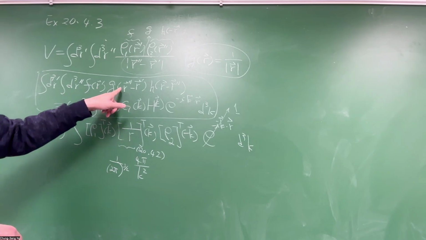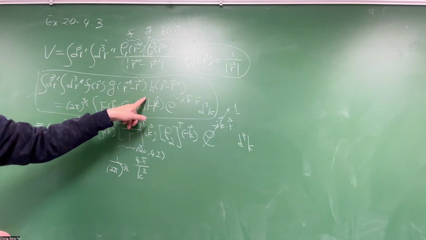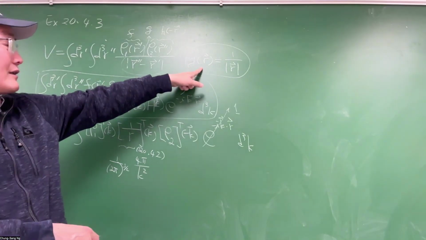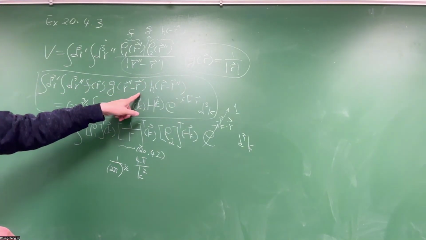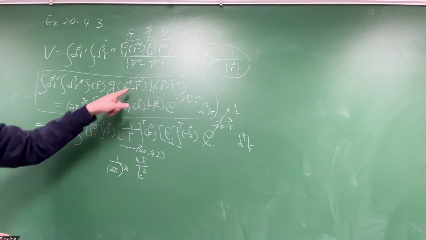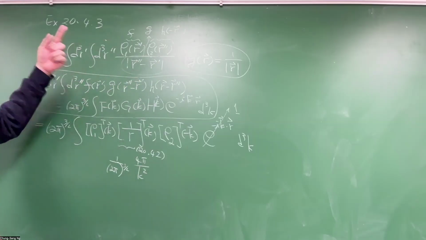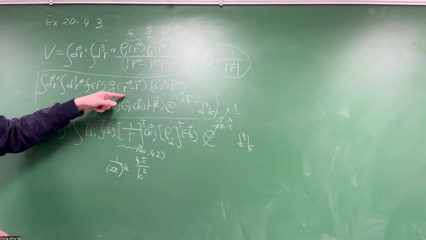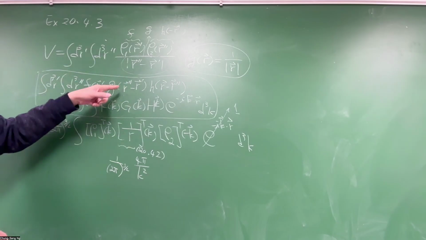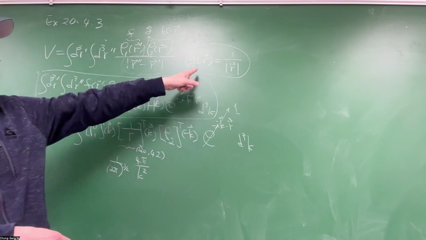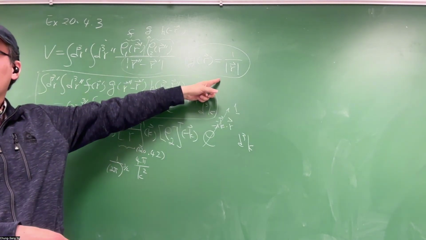For the g function, evaluate r double prime minus r prime, right? So the function is defined like that, so that when you evaluate this function at this argument, that gives you this one. You get it now? This is just to compare the form of these two so that they are the same, and that requires that you define a function G like that.